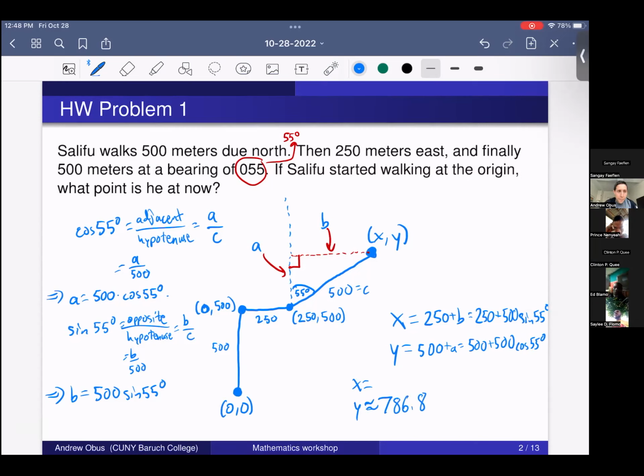And then we have 250 plus 500 sine 55 degrees, which turns out to be 659.6. Okay, so we get that XY is equal to 659.6, 786.8. Okay, I'll box it in red.